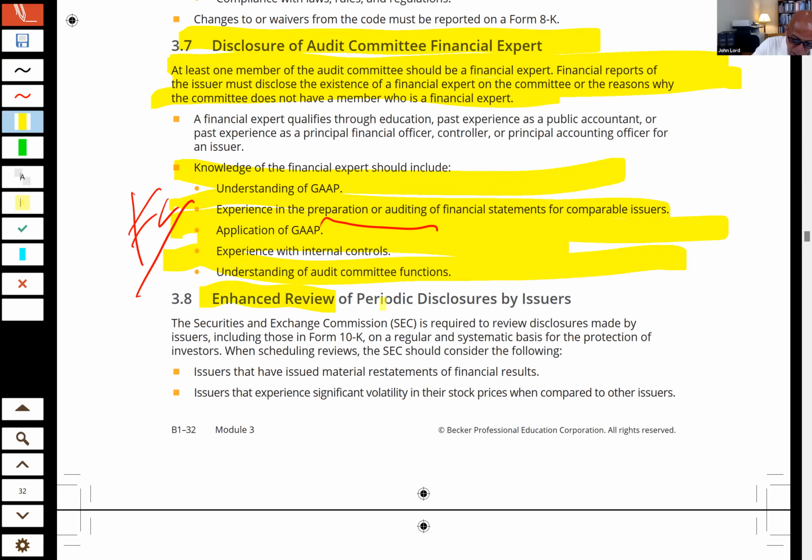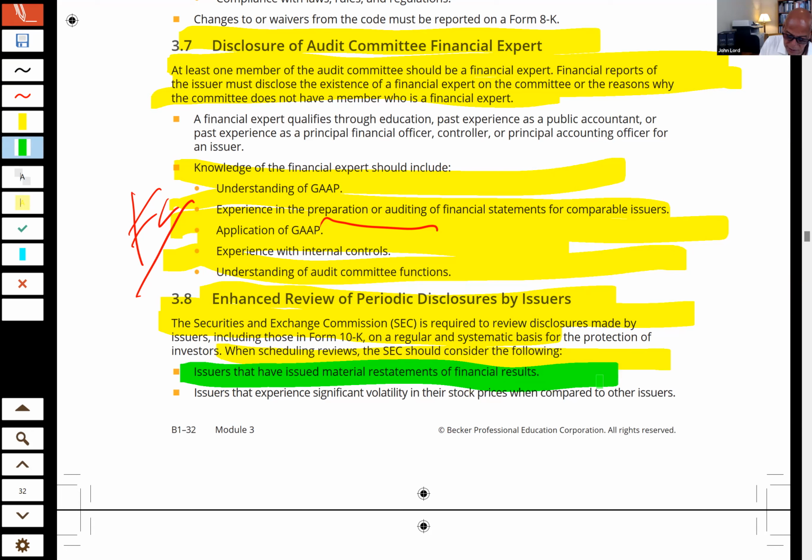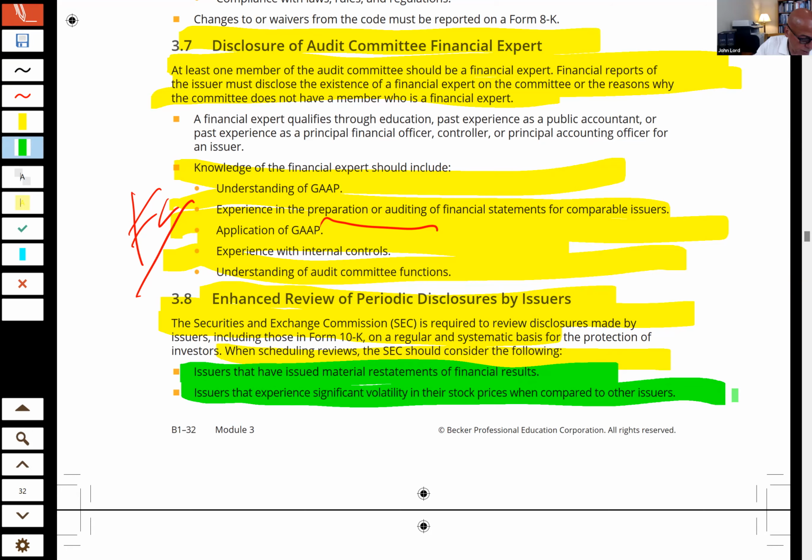Okay, and then the Securities and Exchange Commission is required to review disclosures made in the 10-K on a regular, systematic basis. And they have a way of going about that, but this is Sarbanes, the federal statute now directing the SEC that issuers that have material misstatements would be reviewed, and issuers that experience significant volatility in stock prices.